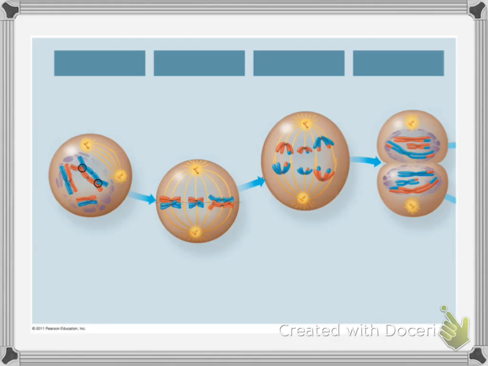So this picture shows us meiosis 1. And here we are going to separate homologous chromosomes.